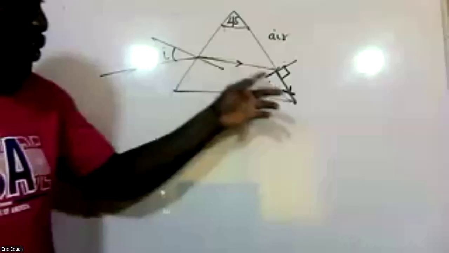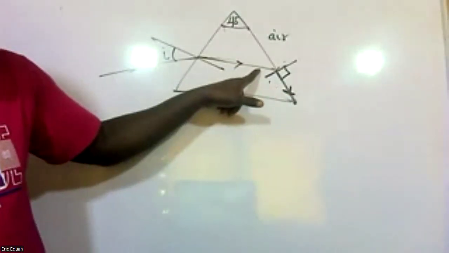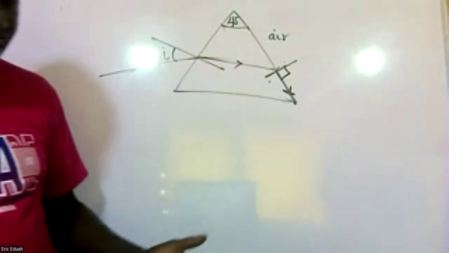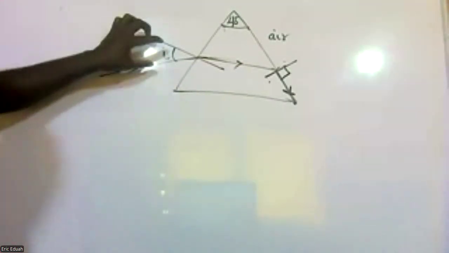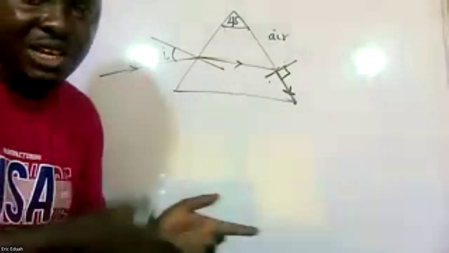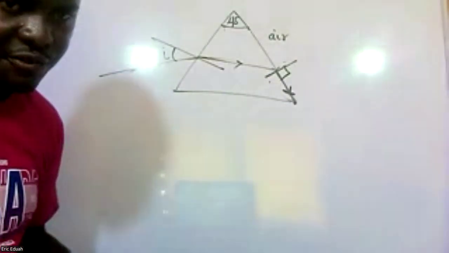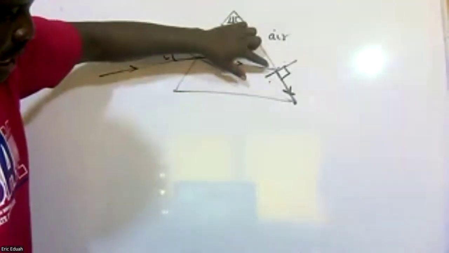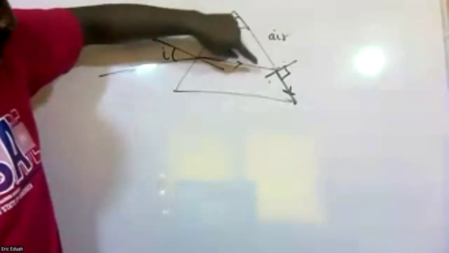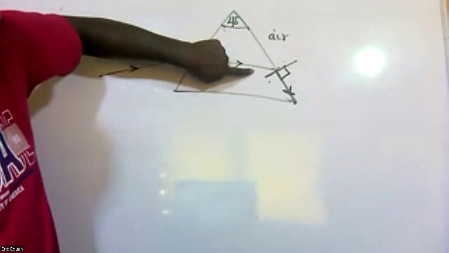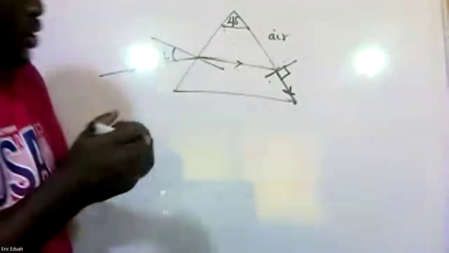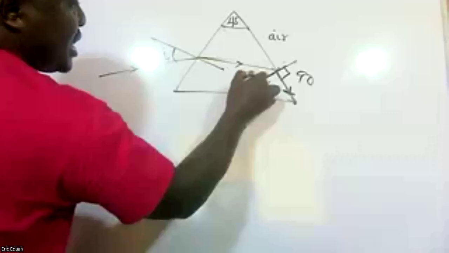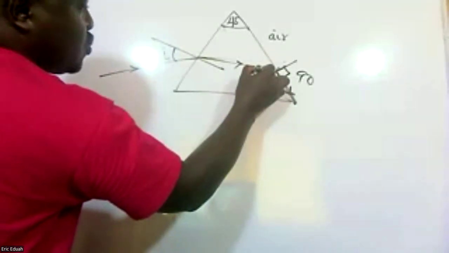The angle of incidence in the denser medium must be greater than the critical angle. So if this is 90, then this angle here must be equal to C.